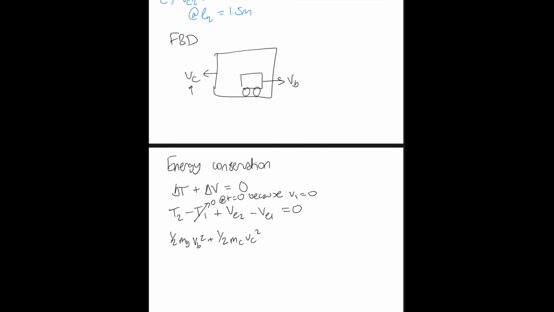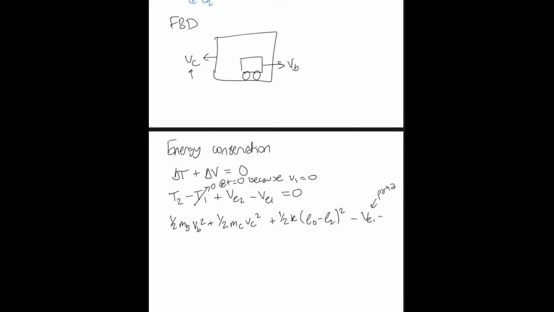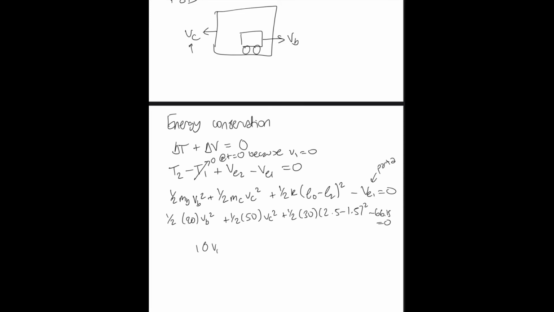And we've got the potential elastic energy is going to be equal to half k (L naught minus L2) squared minus mgh, which we found in part A. Now it's all about plugging in our values, which simplifies to this equation: 10 VB squared plus 25 VC squared is equal to 51.15.